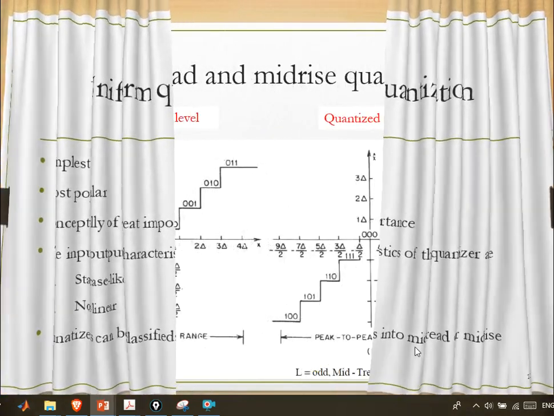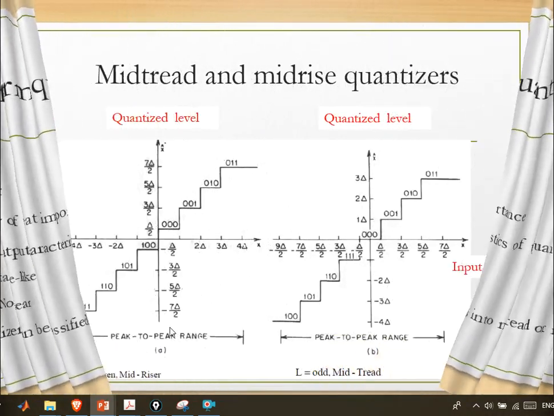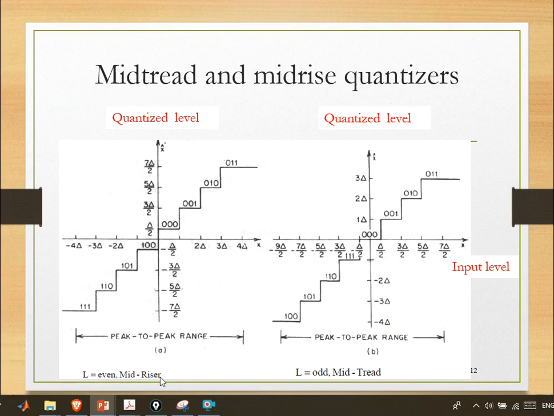The key difference between mid-tread and mid-rise is that in mid-rise, we don't take the zero level as a quantized value. The quantized values should be around zero. In mid-tread, we take the zero level as one of the quantized values. This is the key difference between them.